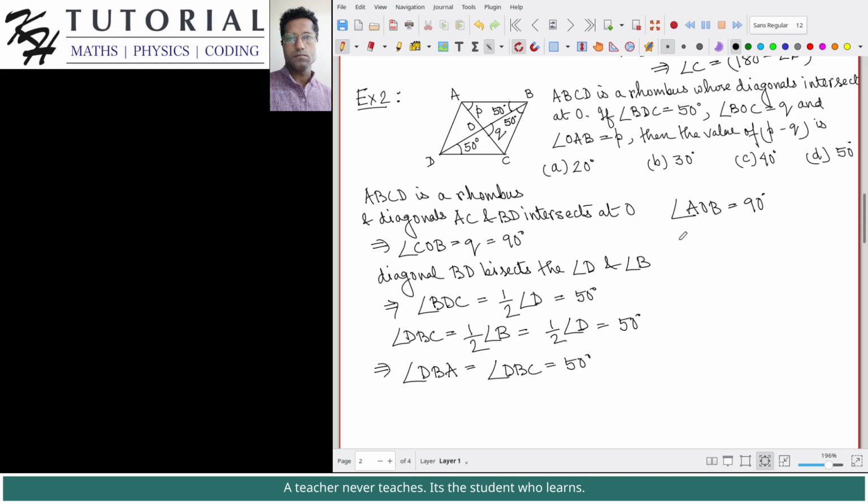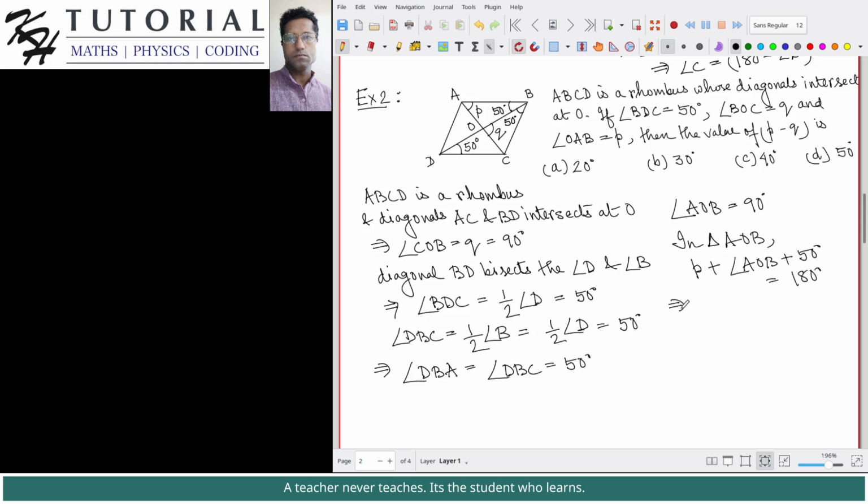So in triangle AOB, if we apply the angle sum property, in a triangle the sum of the three angles is equal to 180 degrees. So we must have angle P plus angle AOB plus 50 degrees is equal to 180 degrees.